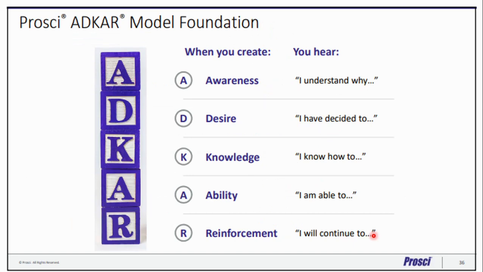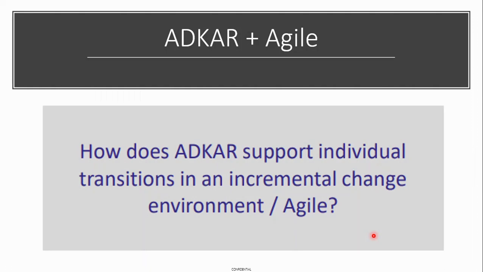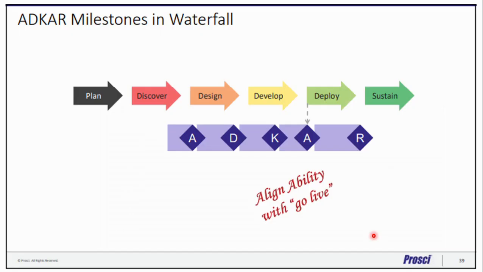Before that, in the waterfall traditional model, the ability, the key core skills of using the system that you delivered, comes at the deployment stage, at the go live, or the final stages of the UAT. The knowledge comes earlier, at the pre-UAT stage, the development stage, the discussion stage, where you know the system will come with these features.